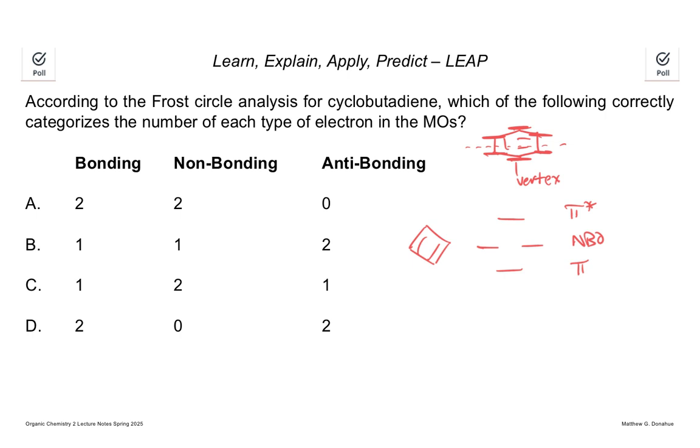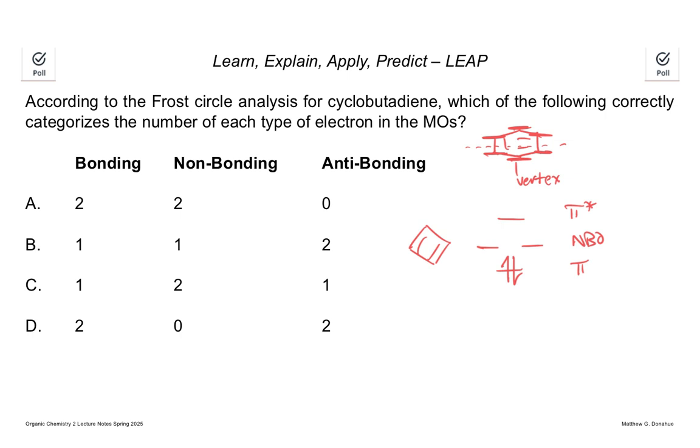So if this is our Frost circle, how many electrons go in the bonding and how many go in the non-bonding and anti-bonding? We have 4 total electrons to put in those orbitals. Bonding's filled, yep. So we put in 1, we spin pair it. Now we go up to the next higher orbital.